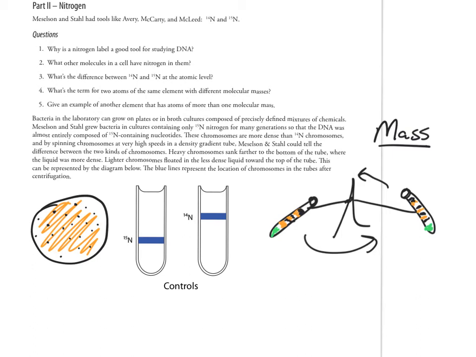Now they're studying DNA, so they chose nitrogen. That should make sense to you, but I'm going to remind you that a nucleotide, which is the monomer that makes up DNA, is made of a phosphate connected to a ribose sugar.